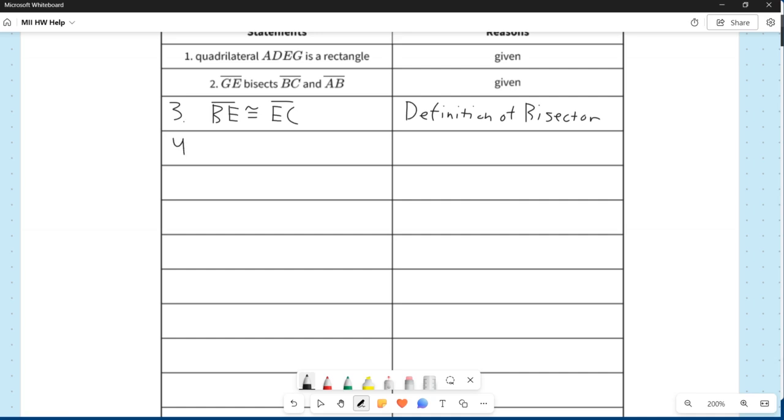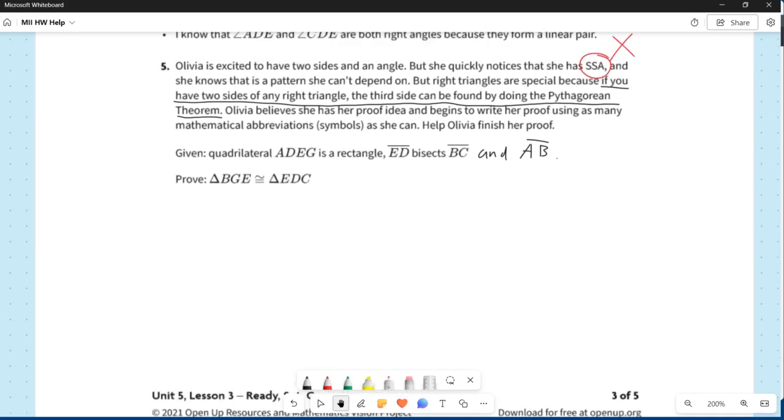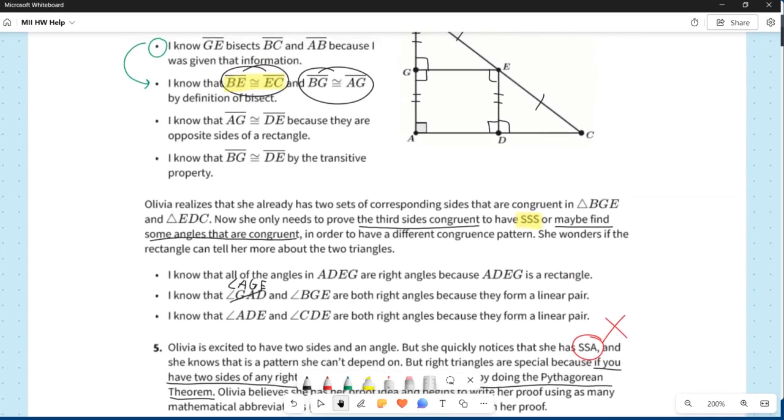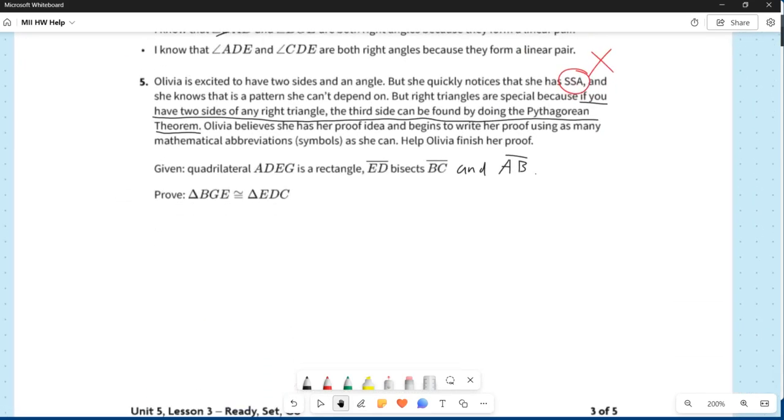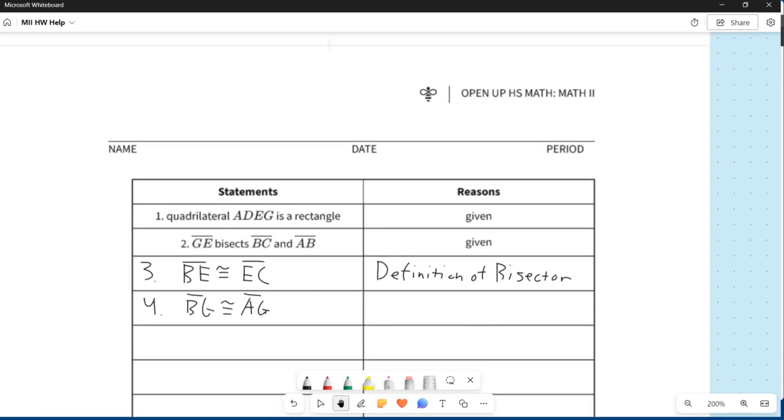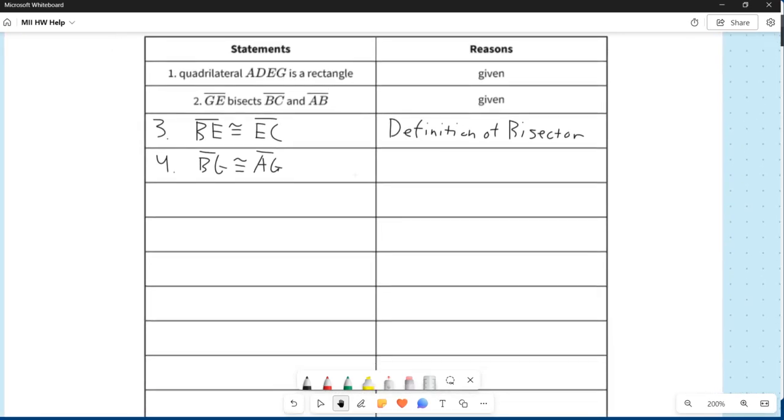Likewise, for statement 4, we can say that BG is congruent to AG. We already said this in the notes. It is right there. So we just have to make sure that we include that idea in our 2-column proof.